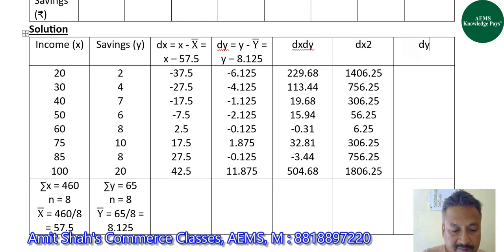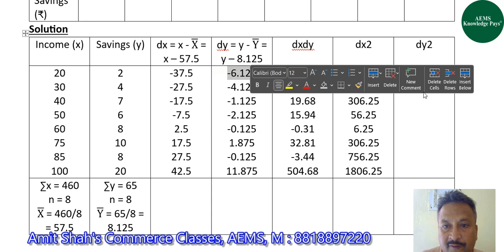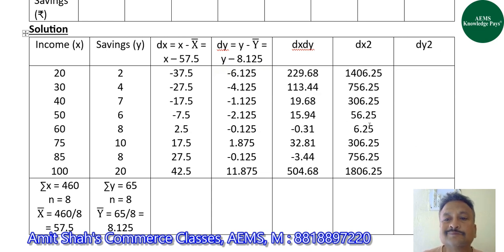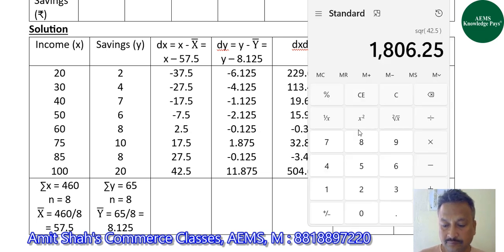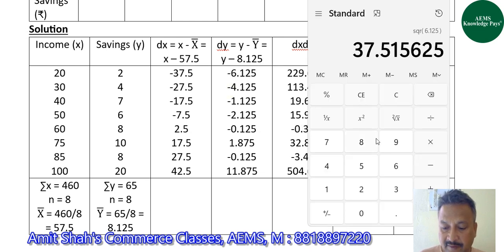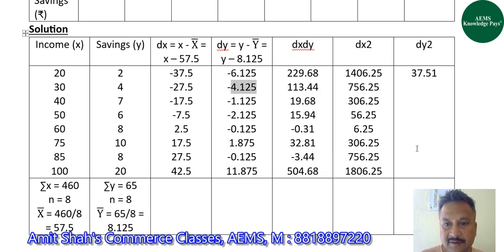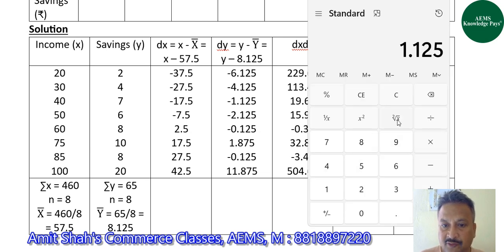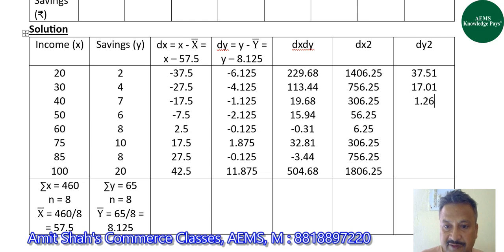And then dy square. That is the square of 6.125: 37.51. And the square of 4.125: 17.01. Then 1.125, square of this is 1.26.